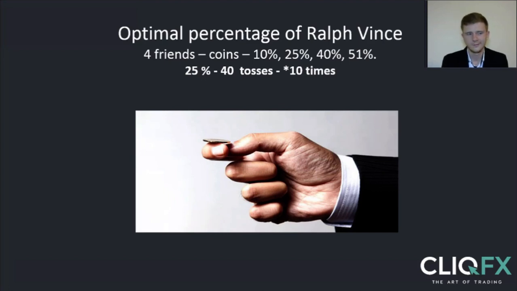So it means that, considering this percentage of Ralph wins method, if you put 25% of your deposit in each trade, in 40 trades you will increase your deposit 10 times. But I don't think so, and you can try. You have time and a chance for that.